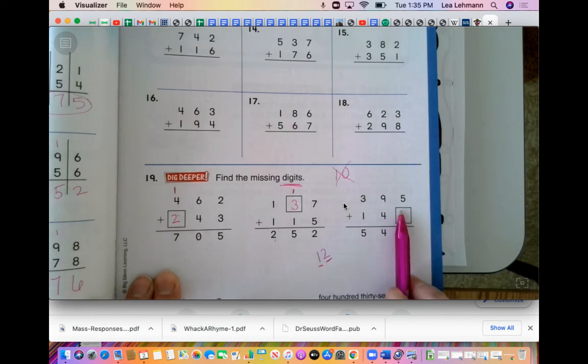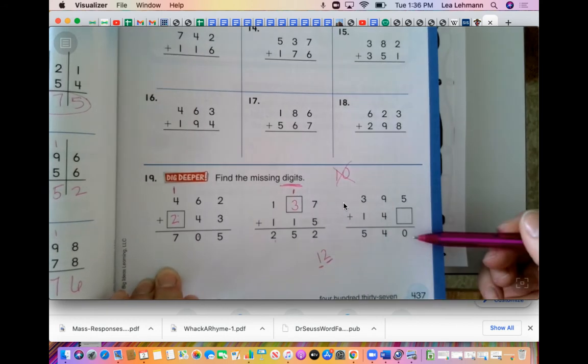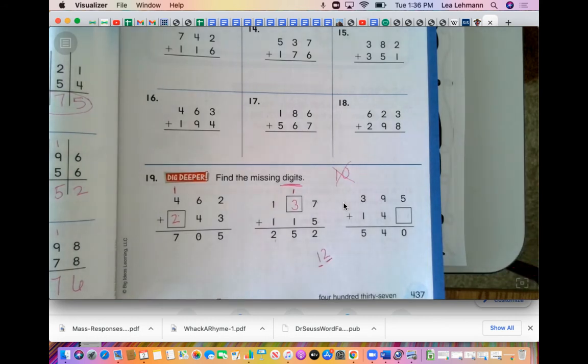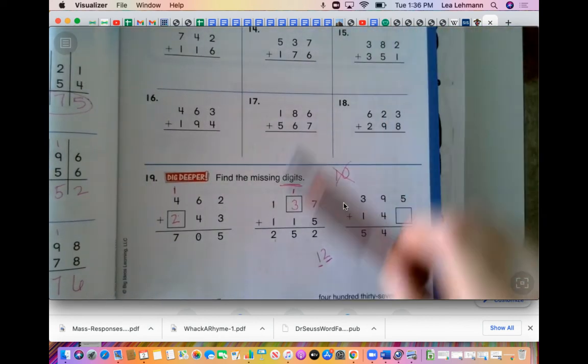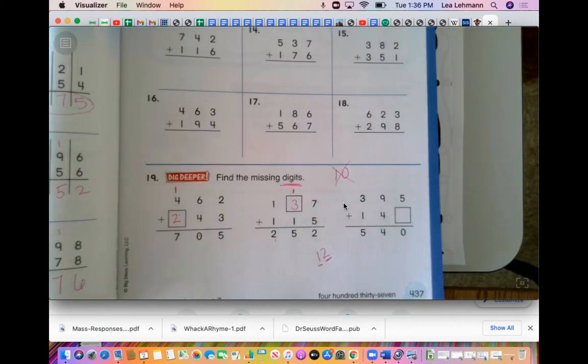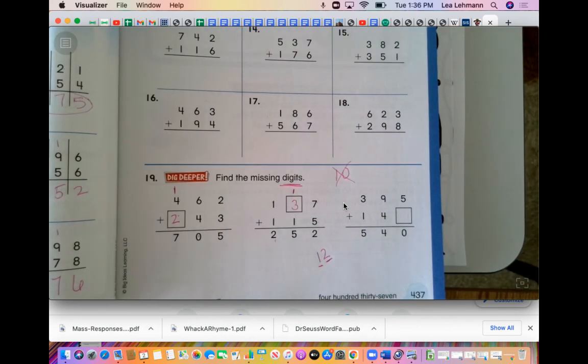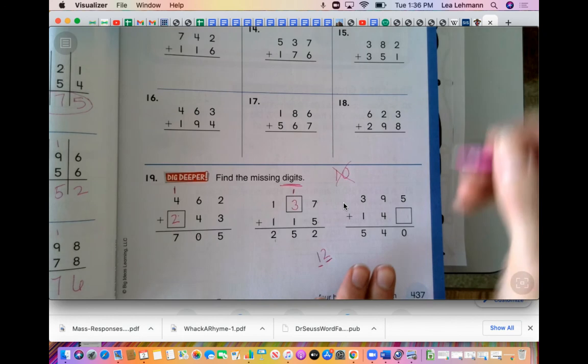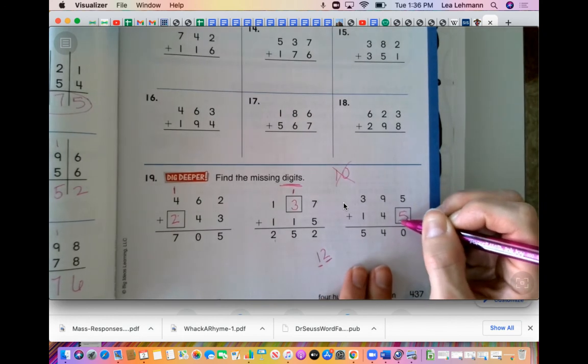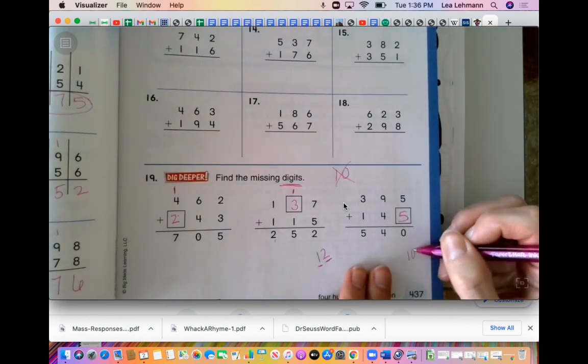All right, my last one. This one is tricky, Nikki. 5 plus what is 0? 5 plus 5 is 10.